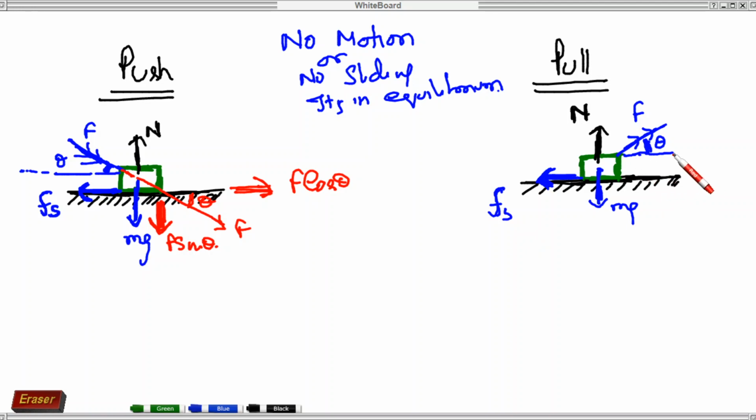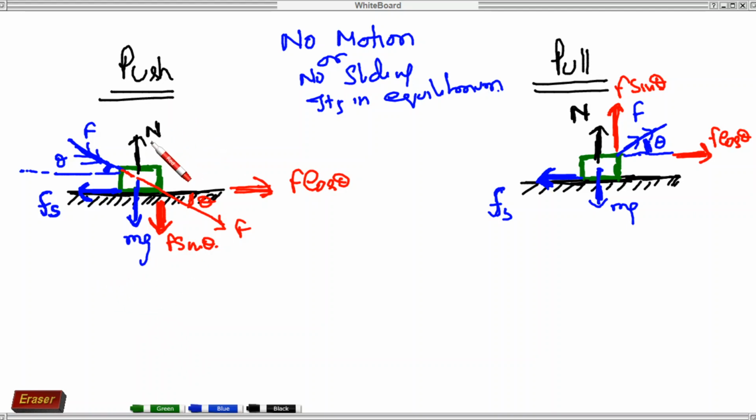Same thing here: along this direction the component is F cos theta, and along this direction the component is F sin theta.